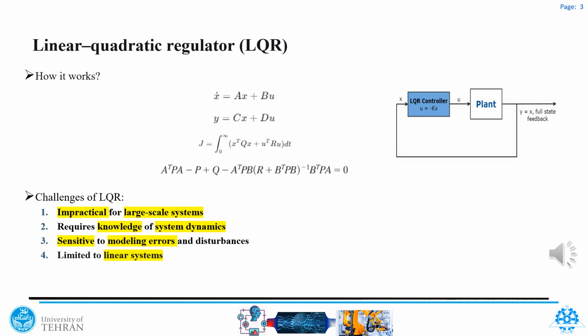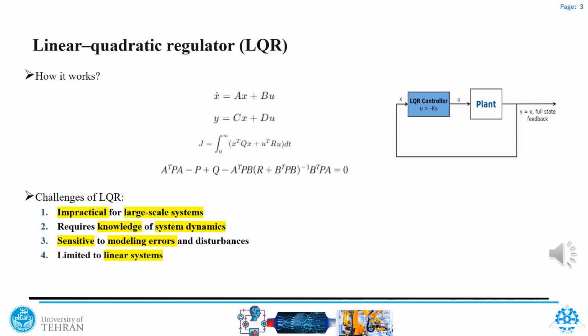Additionally, we have a cost function which is based on the states of our system and the inputs. And after some calculations, we reach the Riccati equation, which can help us to calculate the optimal policy. But calculating this equation can be impractical for large scale systems because it has a computational burden.